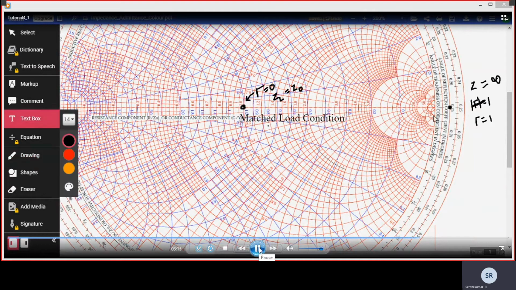Z equal to infinity corresponds to the open circuit load, and Z equal to 0 corresponds to the short circuit load.